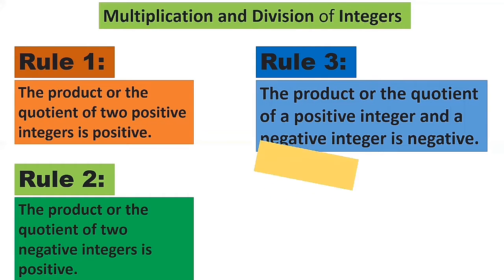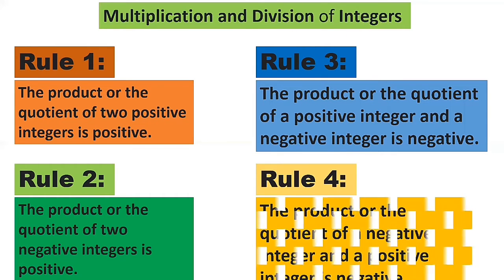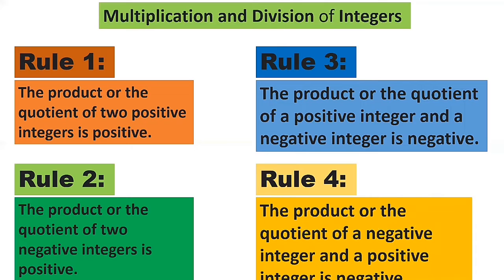And then the last rule, rule number 4. The product or the quotient of a negative integer and a positive integer is negative. So negative times positive is equal to negative. And negative divided by positive is equal to negative.